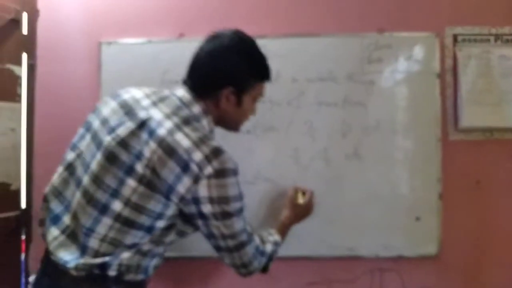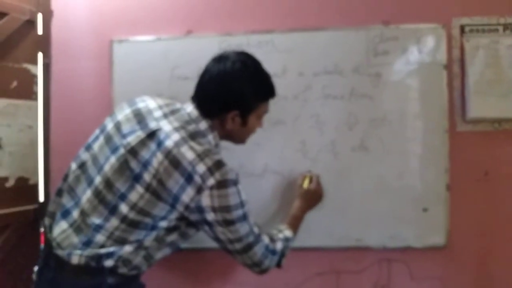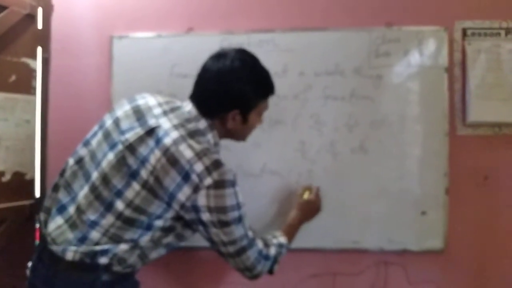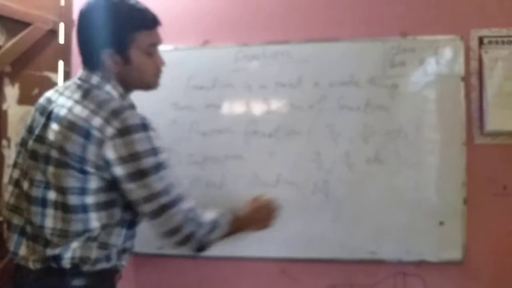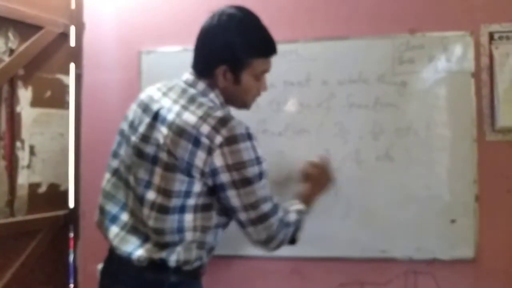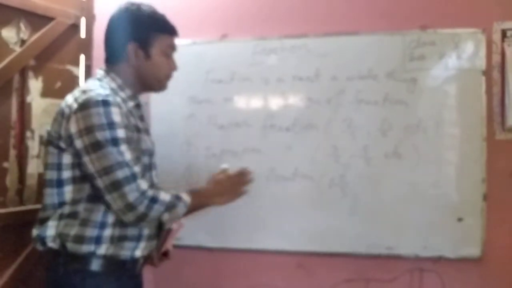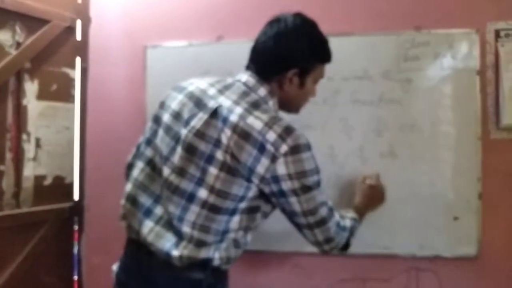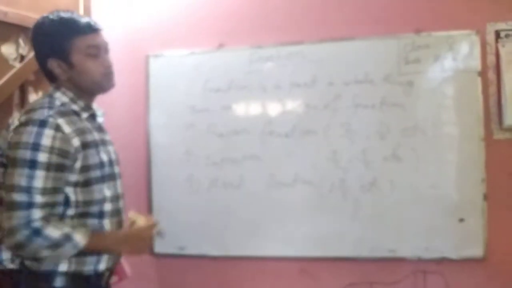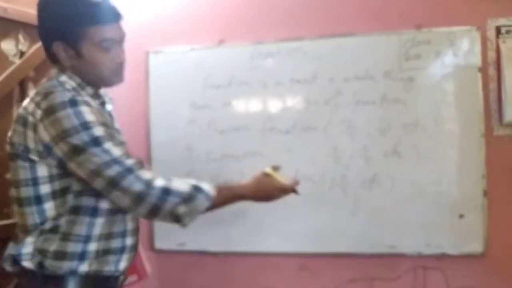If you write 1 and 2/3, this one is an integer number and 2/3 is a proper fraction. A fraction combined with an integer number and a proper fraction is called a mixed fraction. So here are the three types, and with examples you can see that.